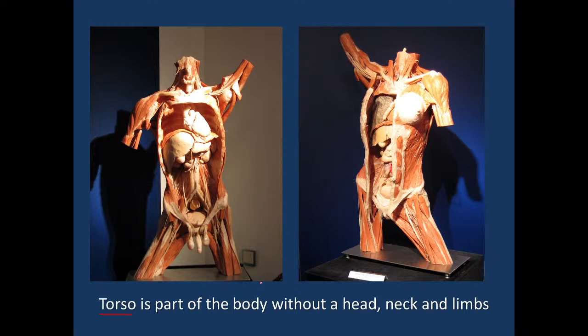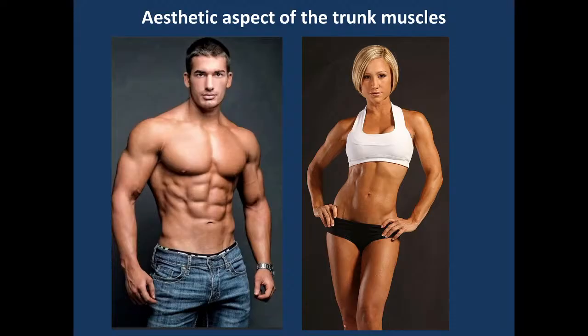That is a plastinated torso, and when we talk about torso, we deal with this part of the body. That is a body without head, neck, and limbs. It means torso. And today all trunk muscles will be on the table of today's lecture.